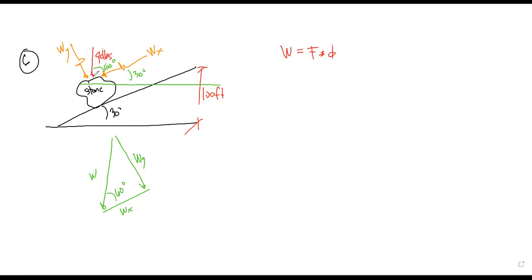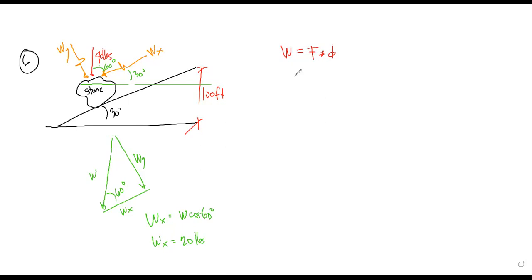So Wx is equivalent to the weight times cosine of 60. So Wx would be 20 pounds.